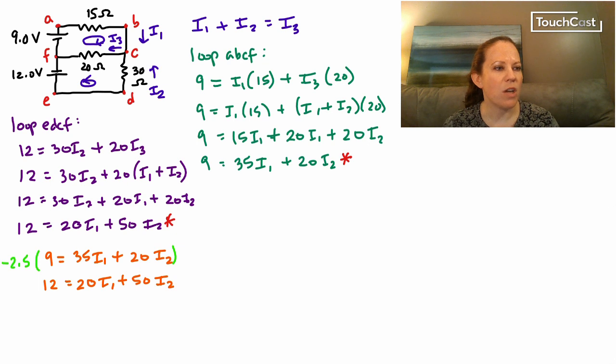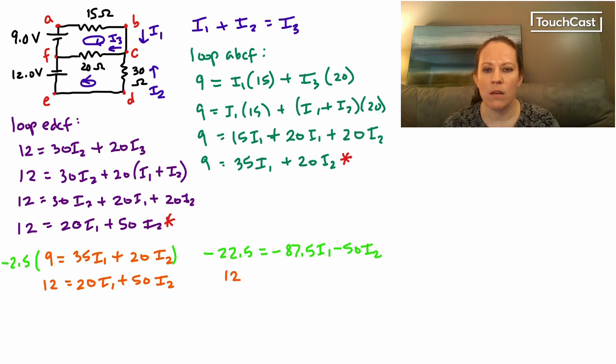And let me check my work over here. So negative 22.5 is going to be equal to negative 87.5 I1 minus 50 I2. And then my second equation there remains unchanged.